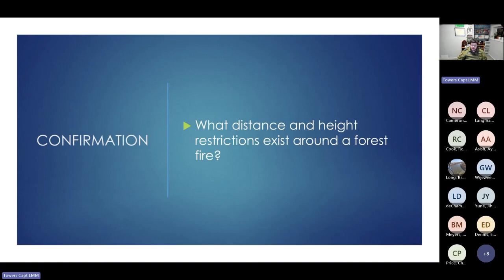All right, going to confirmation questions. What distance and height restrictions exist around a forest fire?